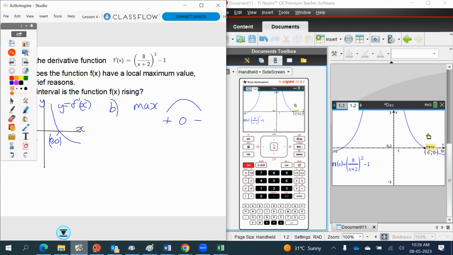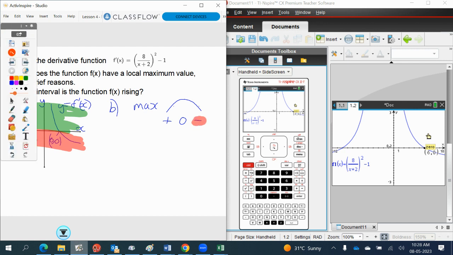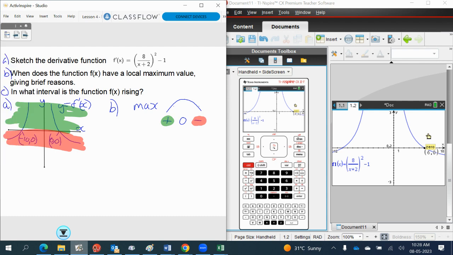So the derivative is positive here. This is where it's positive. The derivative is negative here. So we want it to be above the x-axis, through the x-axis, and then below the x-axis. Is that at 6 or at minus 10?